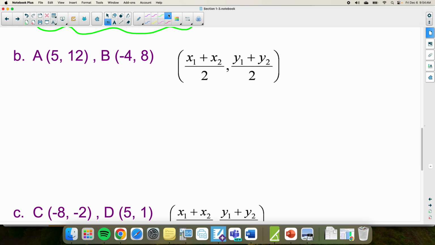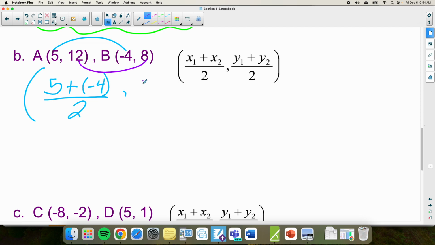So again, we add our two x's together. So we're gonna go 5 plus a -4 all over 2. And this is all one big ordered pair. And then we're gonna do 12 plus 8 all over 2, okay?